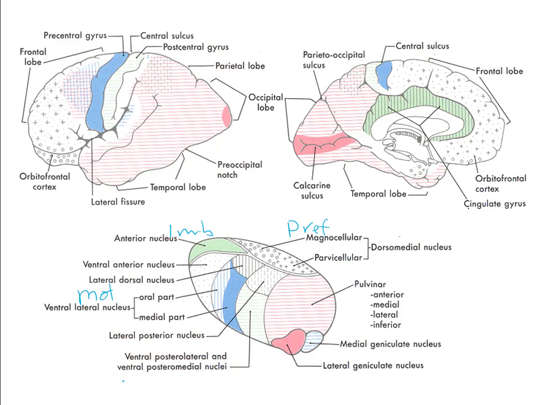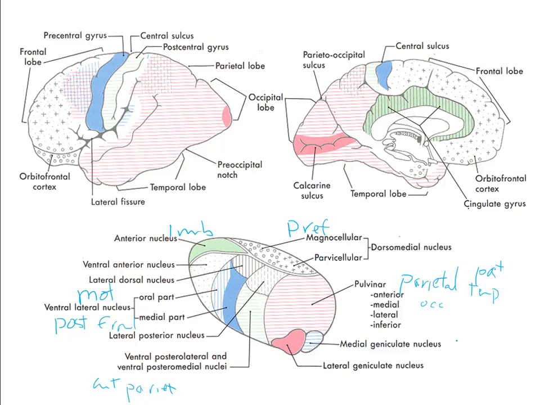So that's motor, so that's posterior frontal. This is anterior parietal. As I said, the pulvinar comes to this vast associational area. This is the bulk of parietal, as well as some posterior temporal and some occipital.